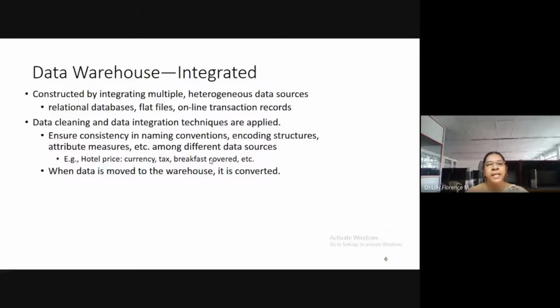So the sources of a data warehouse are heterogeneous and multiple data sources, all integrated together to form the data warehouse. Here we need the cleaning process. Integration techniques will be applied to integrate and clean the data, and the data are then ready for analysis. So this is data integrated.